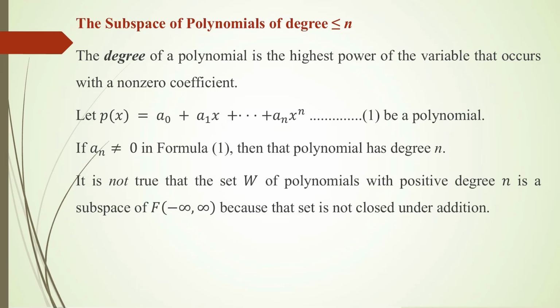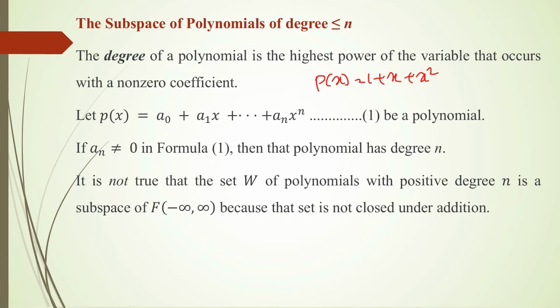So, if we take two polynomials of degree n, we are considering polynomials of degree equal to n only, whether it forms a subspace of F minus infinity to infinity. For example, suppose I am taking p of x as 1 plus x square.